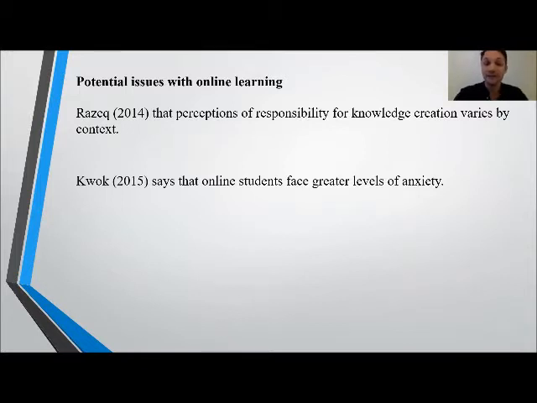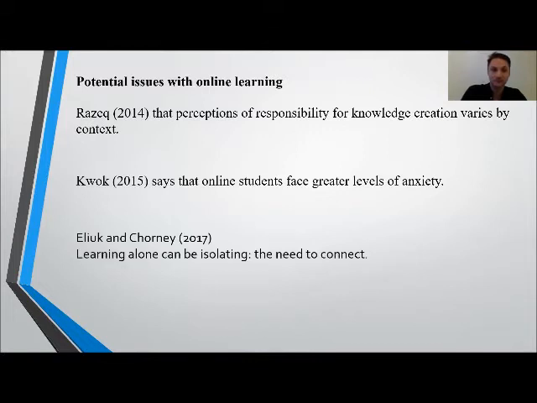I think, you know, someone mentioned information overload. Online students sometimes face greater levels of anxiety. Maybe it's because more pressure is placed on them to learn autonomously, which can be scary, especially if it's not scaffolded correctly. And once again, the learning alone can be isolating, the need to connect. We are more connected and disconnected than ever before.